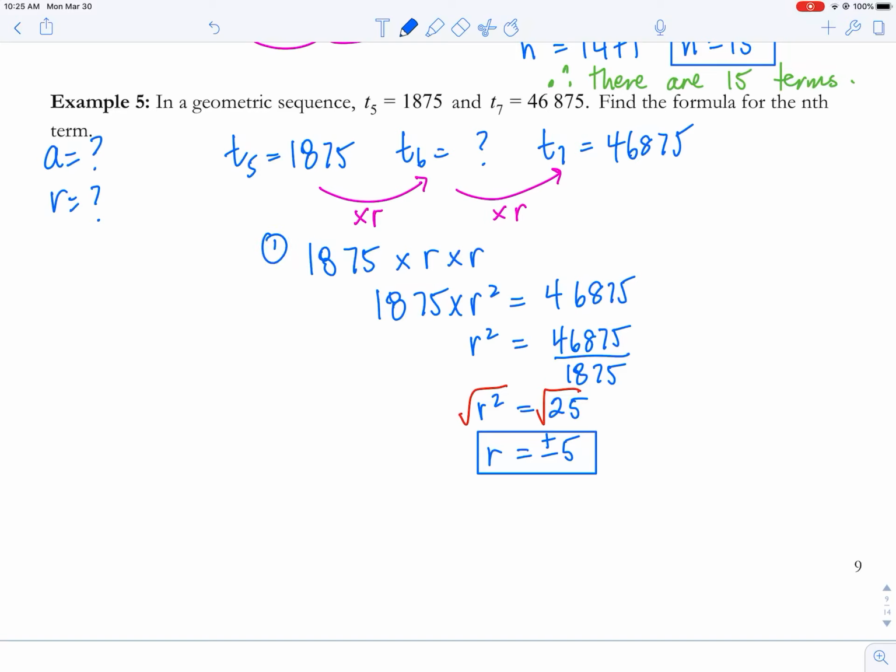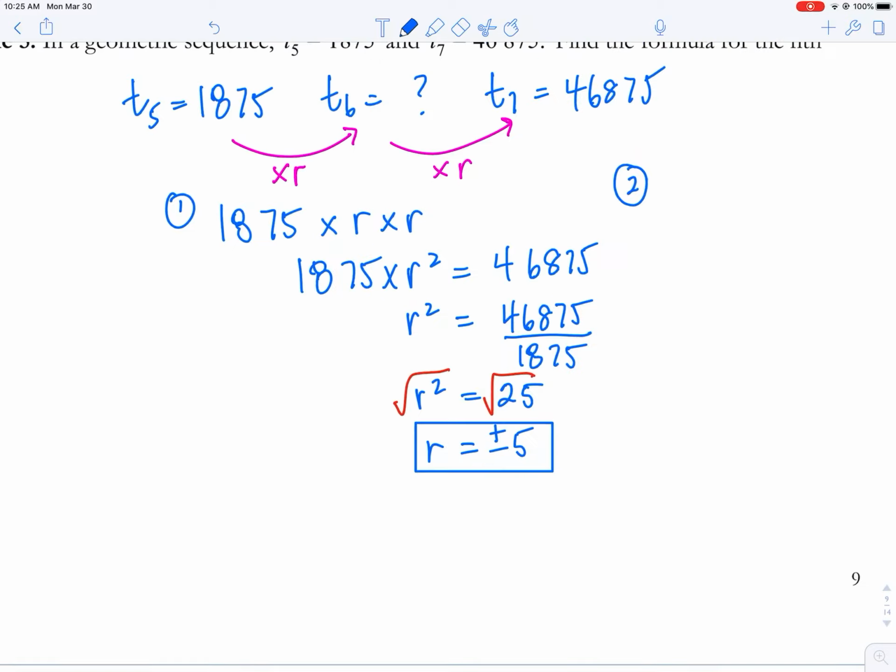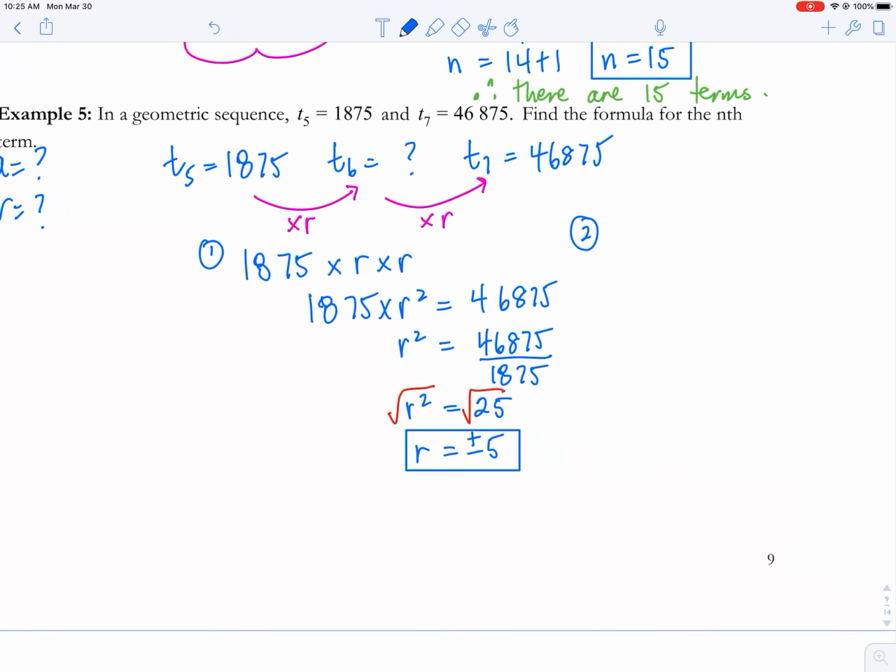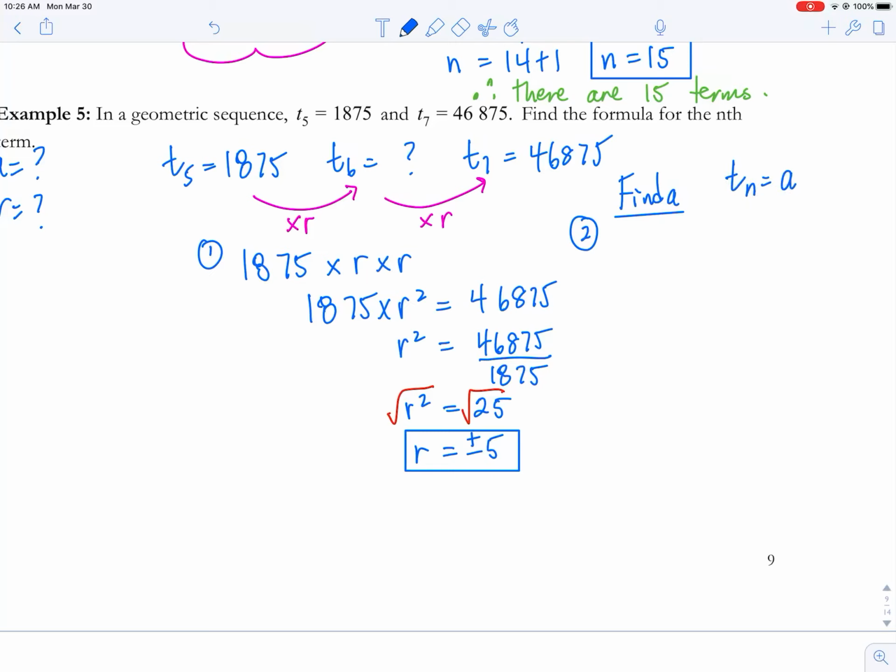Second step is going to be to find A. So the first one was for finding R. If we're going to find A, I'm going to write a general term of this formula. So t to the n equals A times r to the n minus 1.